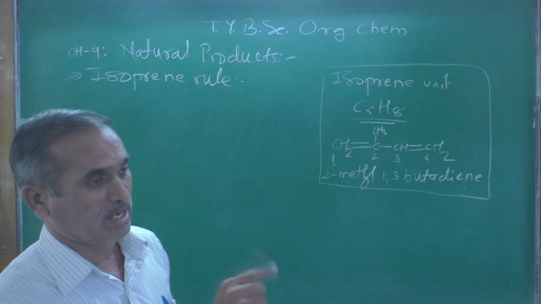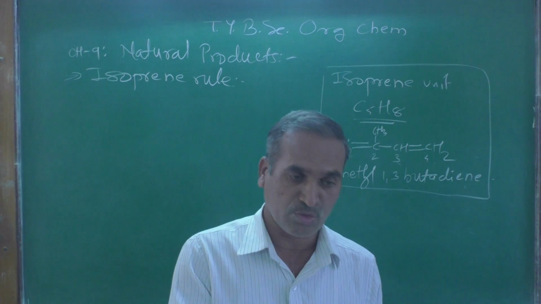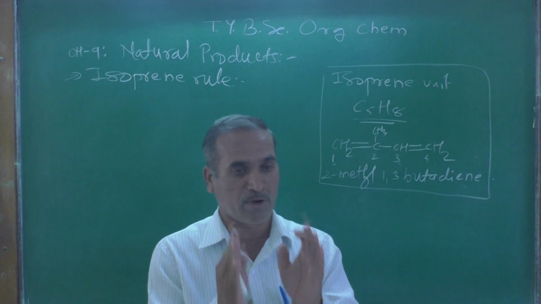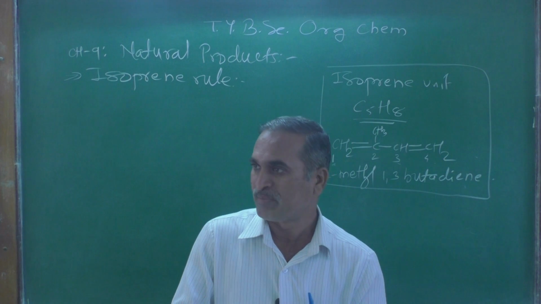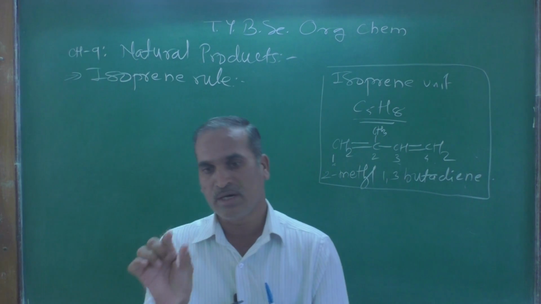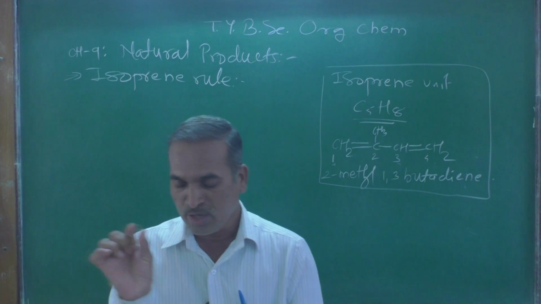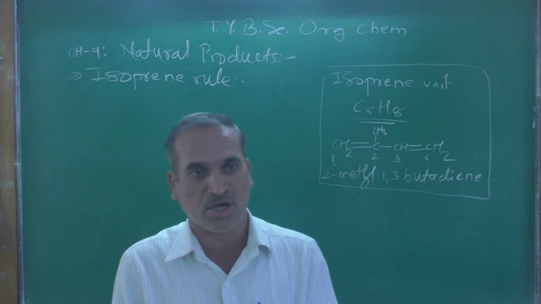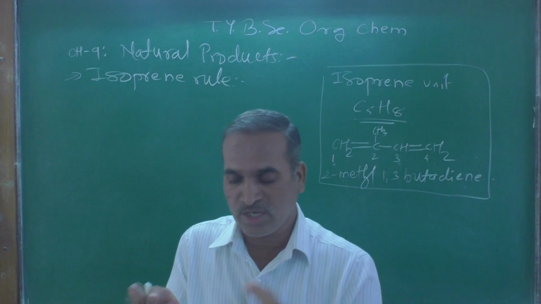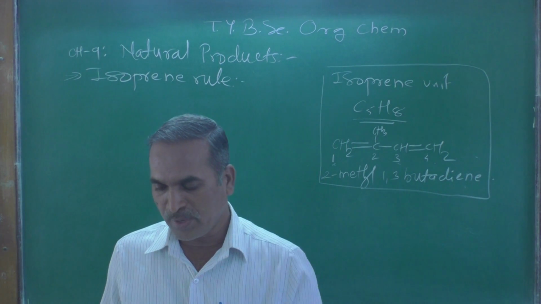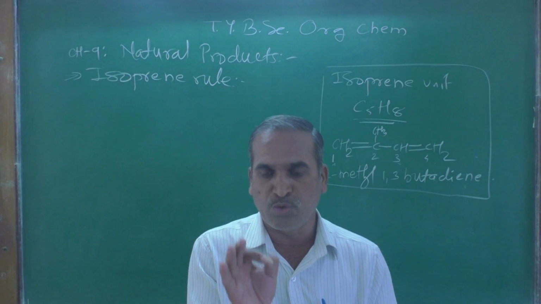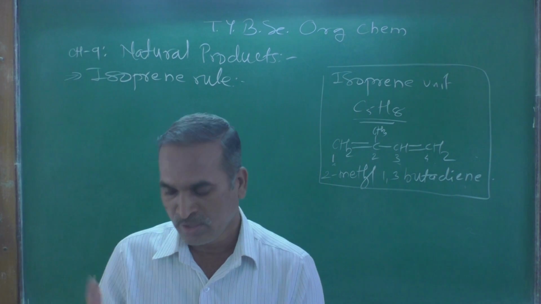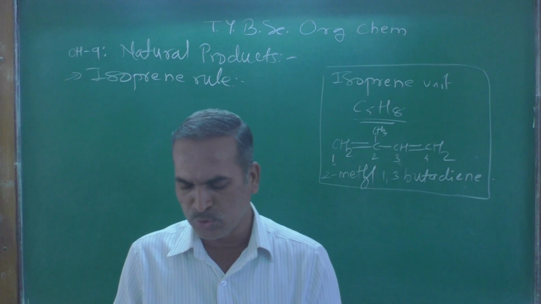One more question may appear in the exam: the isoprene rule or the special isoprene rule. First of all, let us state the isoprene rule. Isoprene rule means the skeleton structure of all naturally occurring terpenoids is built up of two or more isoprene units.